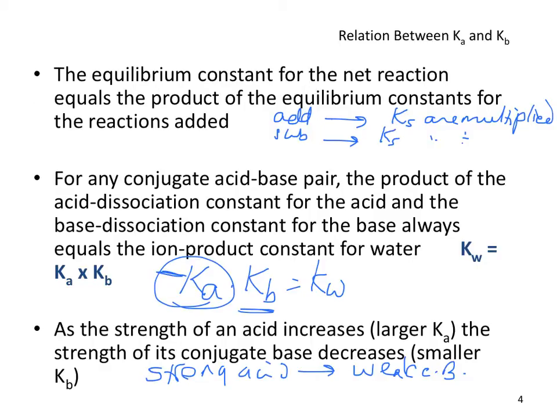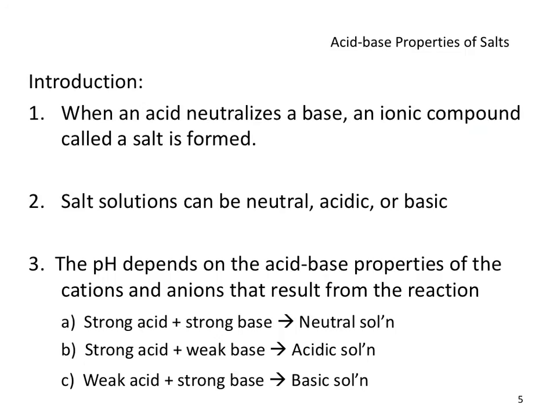So, all right, the tail end of this chapter is about the acid-base properties of salts. Now, first off, when you think about salts and how salts are generated, what comes to mind is that an acid must neutralize a base and an ionic compound called a salt will be generated. And in that process, a molecule of water is given off as well.